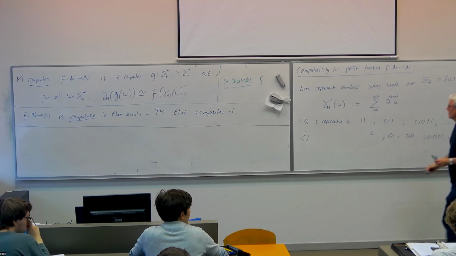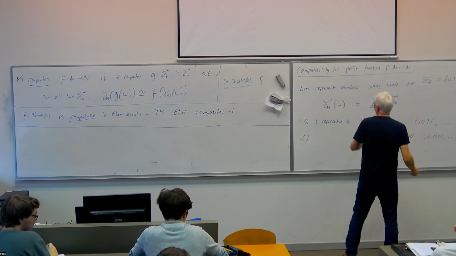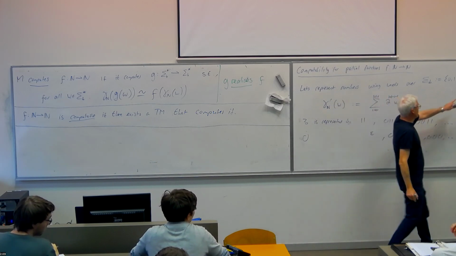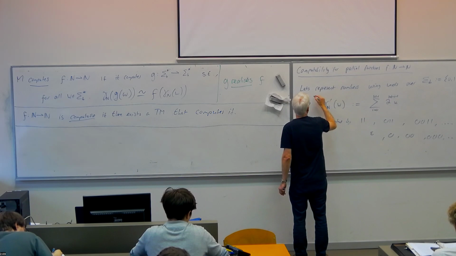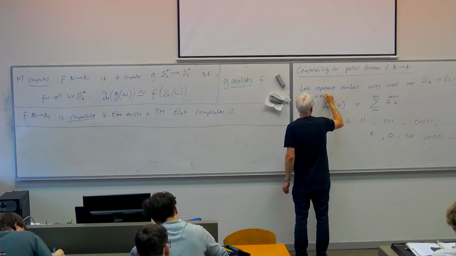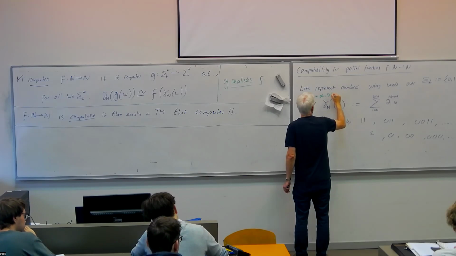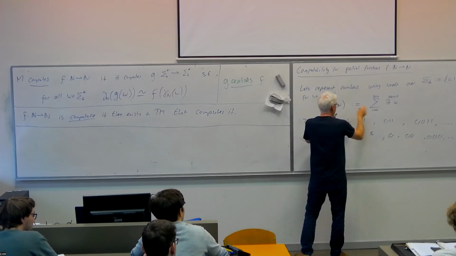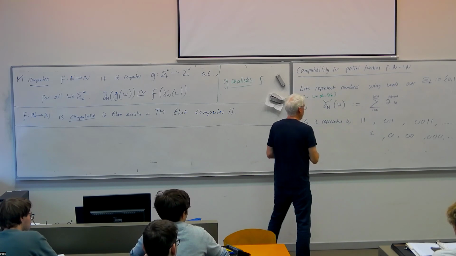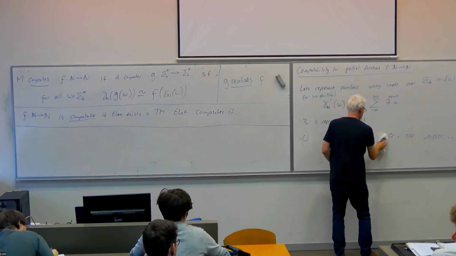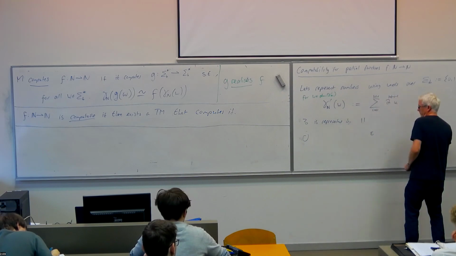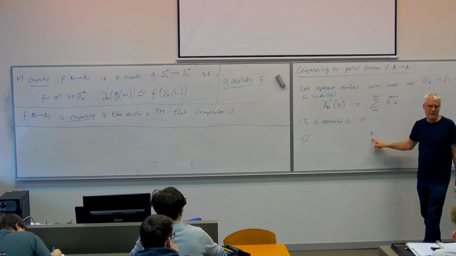And the new representation, gamma prime, is defined just on this domain. Now 3 is represented just by 1, 1, and 0 is represented just by the empty string.